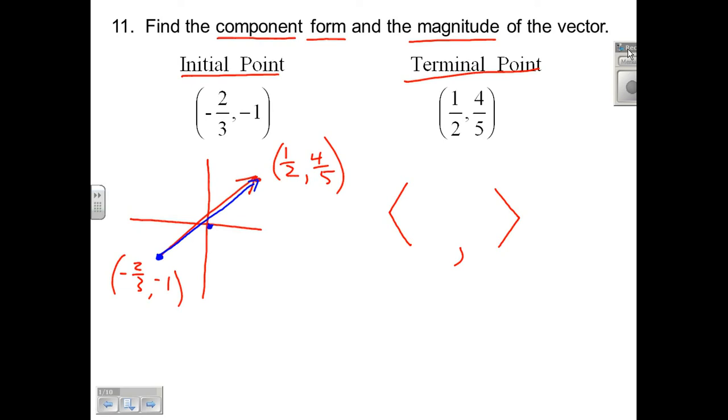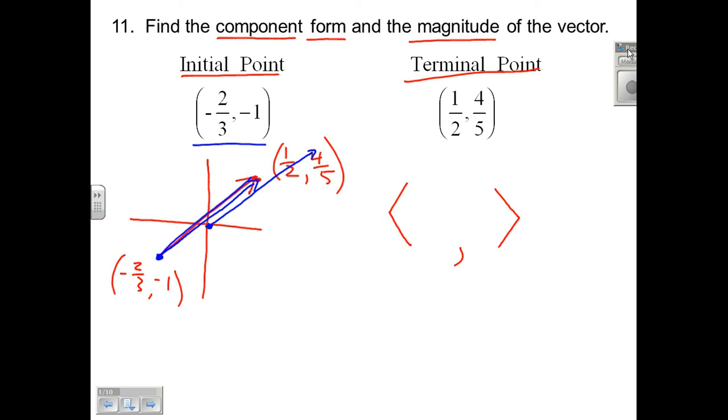What if the chair started at 0, 0? Then my slide would be out this far. And I'd really like to know the circumstances when I'm sliding it from 0, 0 rather than when I start the chair at -2/3, -1. So I still need to go this same distance, but where would I end up?